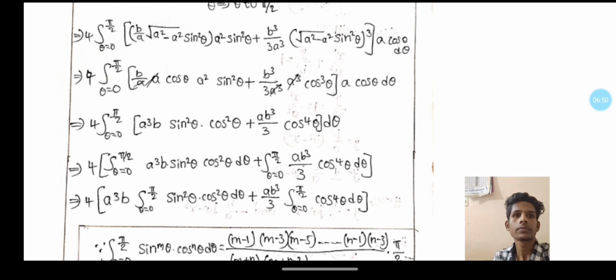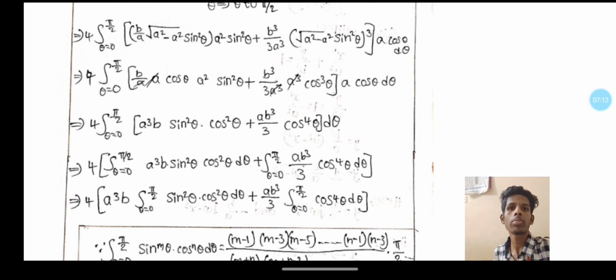Okay, now 4 into integration of theta from 0 to pi by 2 a cube b sin square theta cos square theta d theta, plus integration of theta from 0 to pi by 2 ab cube by 3 cos power 4 theta d theta, all into 4.